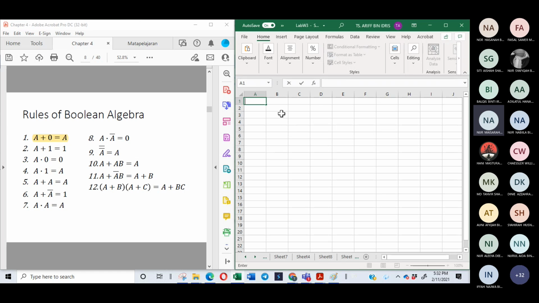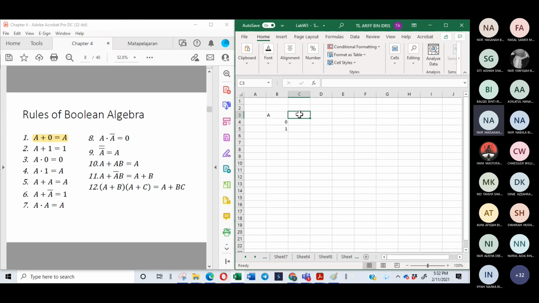Excellent. So let's try the first example. The first rule: we have A, capital A. How many variables do we have, class? One. Therefore we have 2 power of 1. What is 2 power of 1? Two. Therefore we have two input combinations, which are 0 or 1.